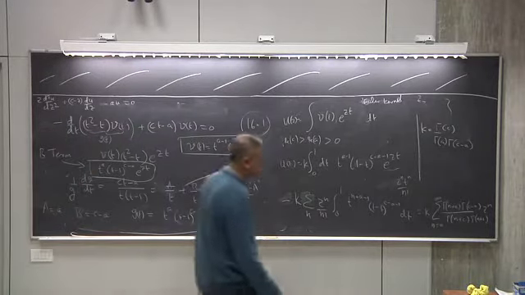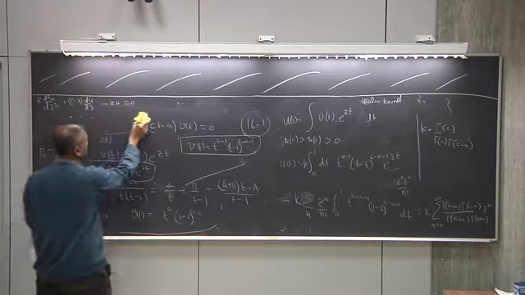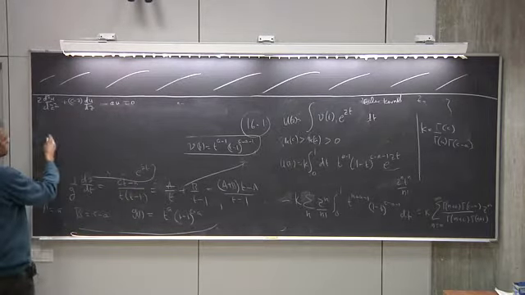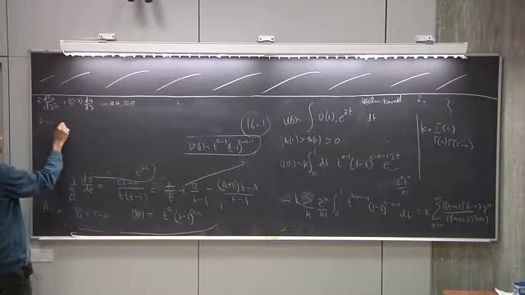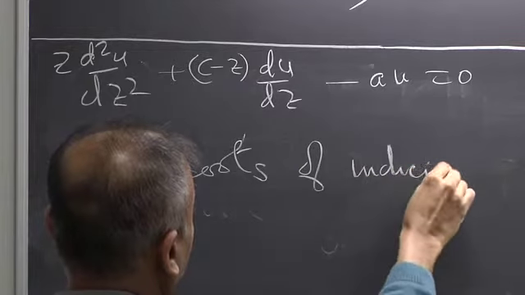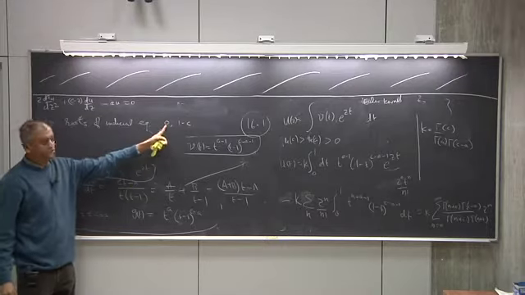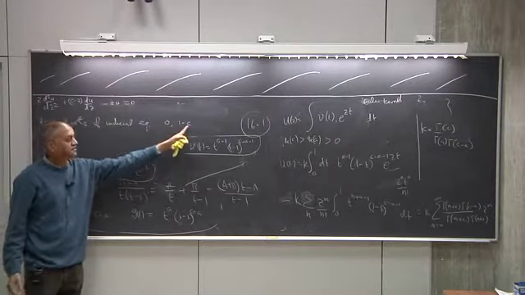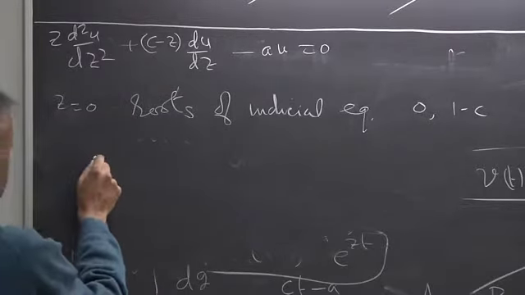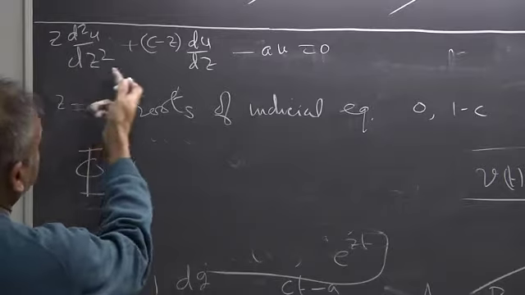So finally, we will give a name to this function. Going back to the original equation, of course this has one solution, because at z equal to 0 the roots of the indicial equation are 0 and 1 minus c, right? The one which corresponds to 0 is going to be analytic, provided c is not 0 or a negative integer. This analytic solution I will denote by capital phi, and it depends on only two parameters here, a and c.